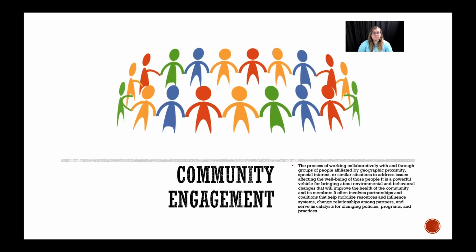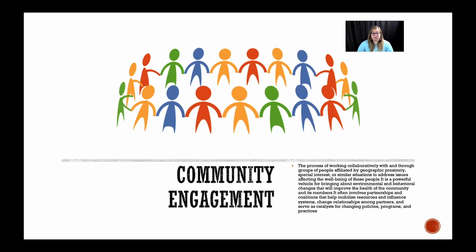First, let's look at the definition of community engagement. The CDC, the Centers for Disease Control and Prevention, defines community engagement as the process of working collaboratively with and through groups of people affiliated by geographic proximity, special interests, or similar situations to address issues affecting the well-being of those people.